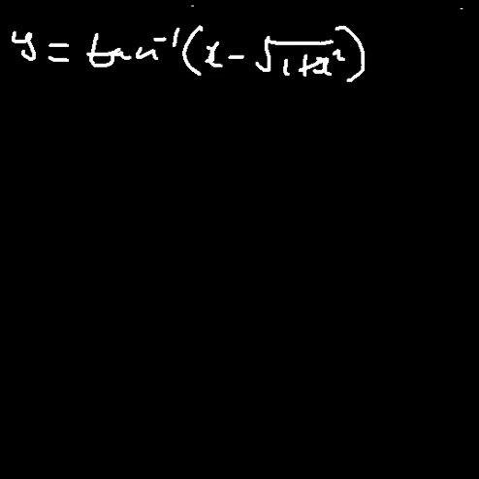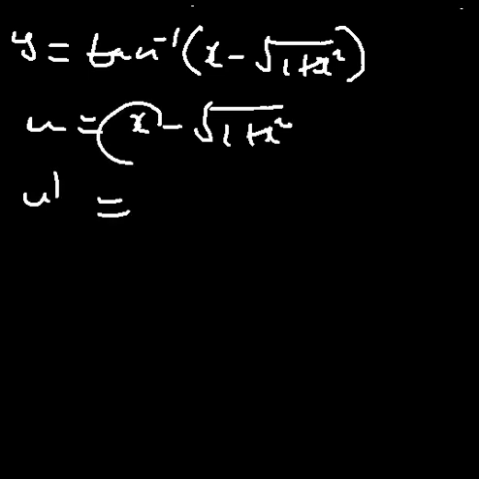Now as you can see, that's a trigonometric inverse function, and that is for tan inverse. So what is the inner function? We'll have it as x minus the square root of 1 plus x squared. What is the u prime? We'll have this one, and this one will be done using the chain rule.